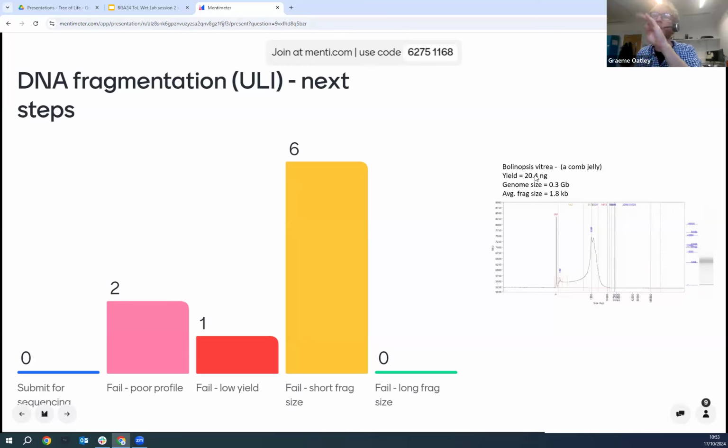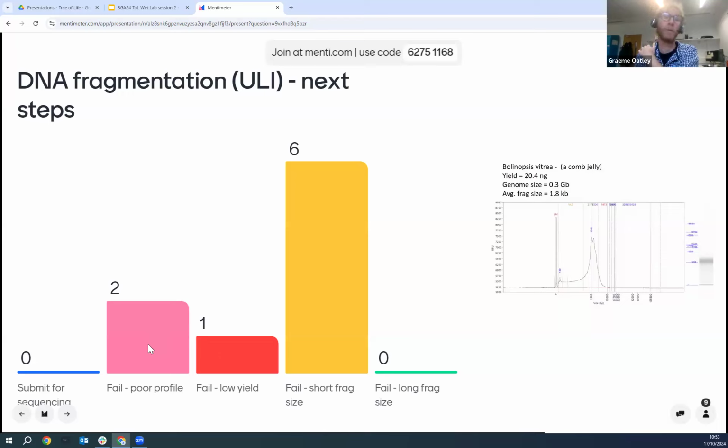Something that sits at 20 and above is fine for ultra low input. If the profile was great, then we would submit that for sequencing. So yeah, short average fragment size: we're sitting at an average fragment size of 1.8. But equally, deciding that it's a poor profile is also correct.